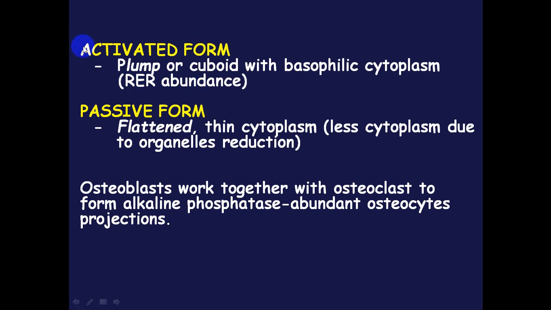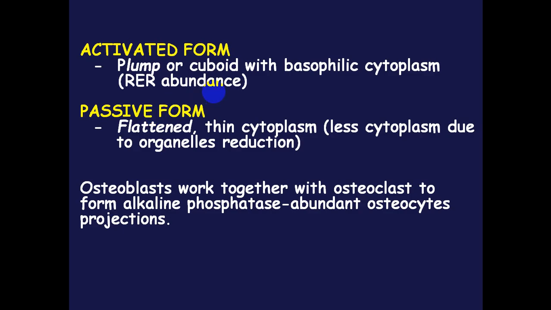And then this activated form will be found mainly in young animals. So animals before puberty will have a lot of this activated form of osteoblasts. However, older animals or older individuals will have the passive form of osteoblasts.